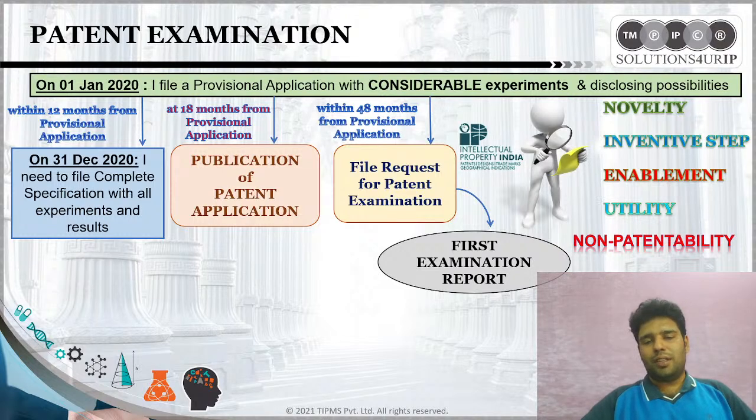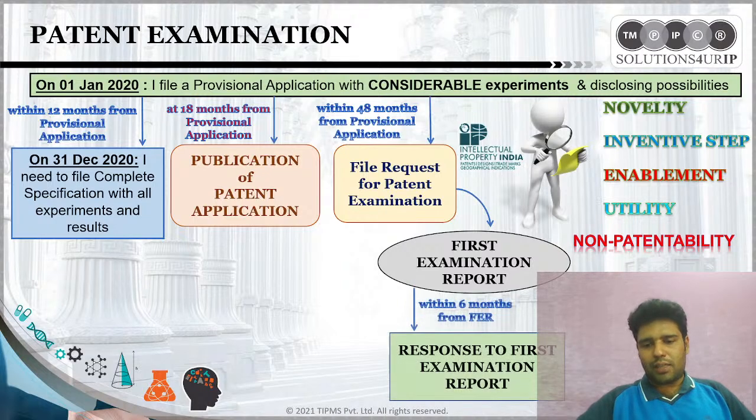So all these things will be considered by the patent office, and then the patent office will give you a first examination report which has to be responded to by the applicant within 6 months of issuance of the first examination report.